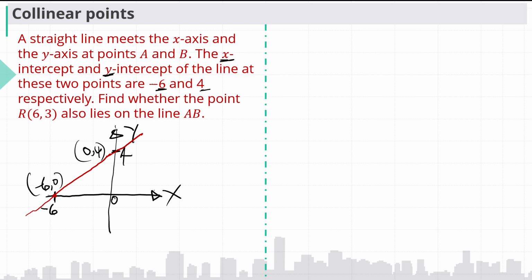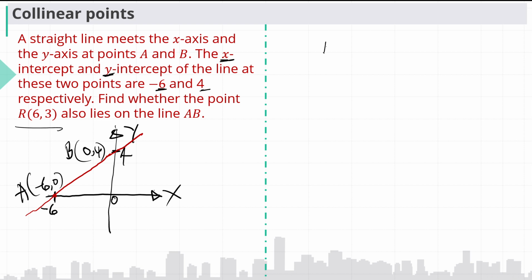So now, find whether the point R also lies on the line AB. We are told that the point A is minus 6, 0, the point B is 0, 4. Now there is a third point R. Does it also lie on the same straight line?